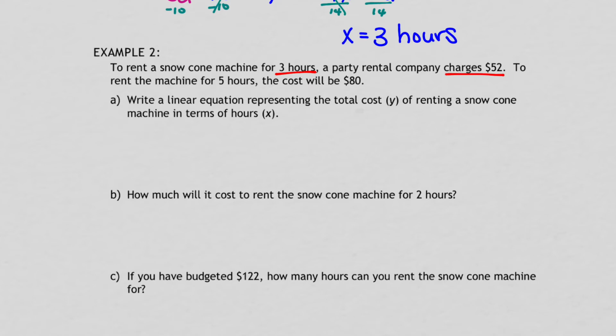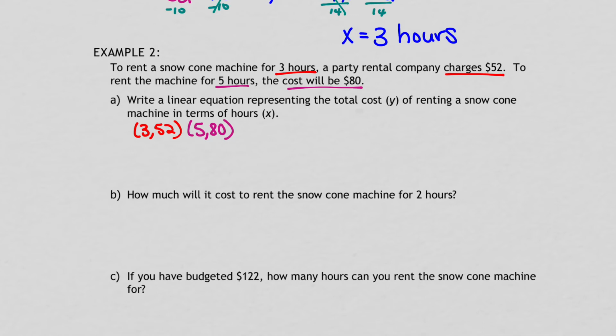That's our first point. And 5 hours, it's $80. That's our second point. It says write a linear equation representing the total cost of renting a snow cone machine in terms of hours x.